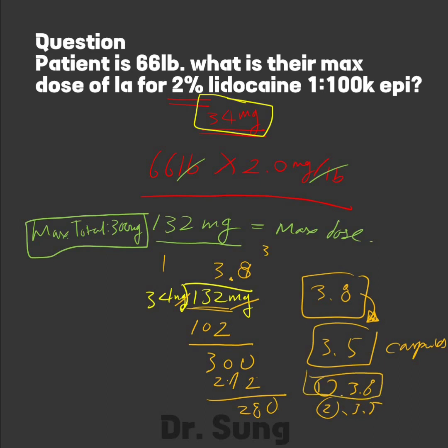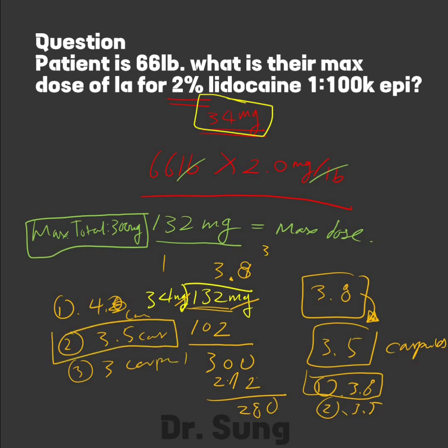But what if the options are: number 1 is 4.0 carpules, number 2 is 3.5 carpules, and number 3 is 3 carpules. Which one is the answer? Yes, this is the answer. So closer, but not more. You should never go over what is given.